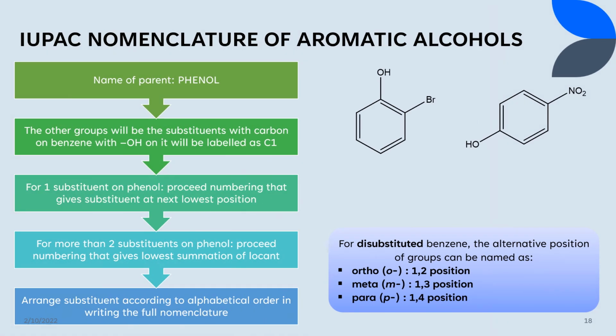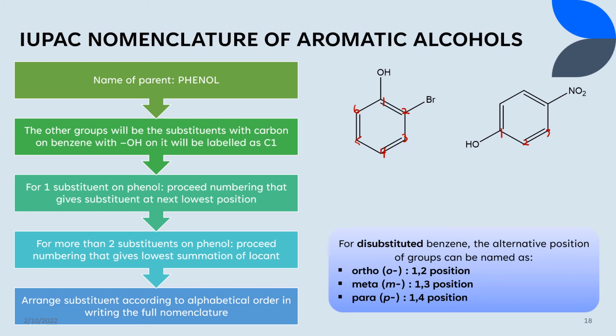So in these two examples, we are still talking about, okay, for one substituent on phenol. So ini adalah phenol dan kita ada satu sahaja substituent on the phenol. Okay, ini pun sama, phenol sebagai parent chain dan kita ada satu sahaja substituent on the phenol. Okay, so kedudukan of numbering akan jadi seperti ini untuk the first structure. Dan untuk second structure, seems OH akan menjadi parent, OH benzene ring.